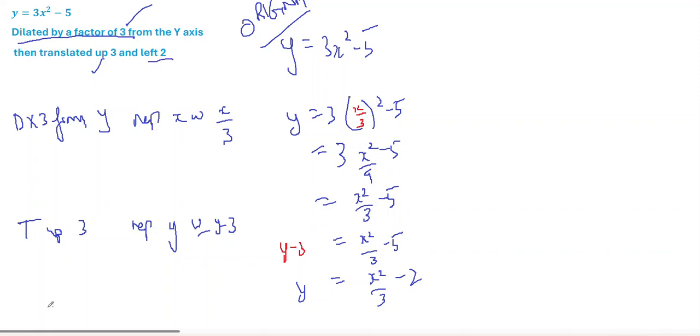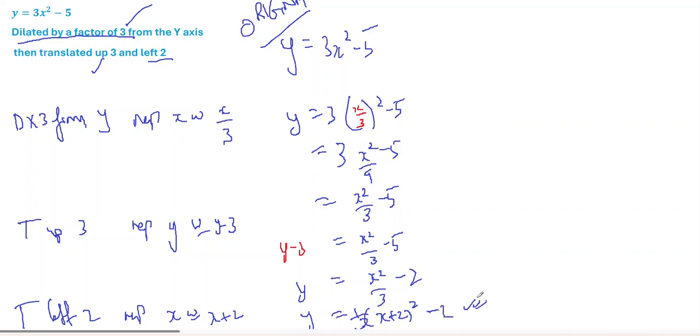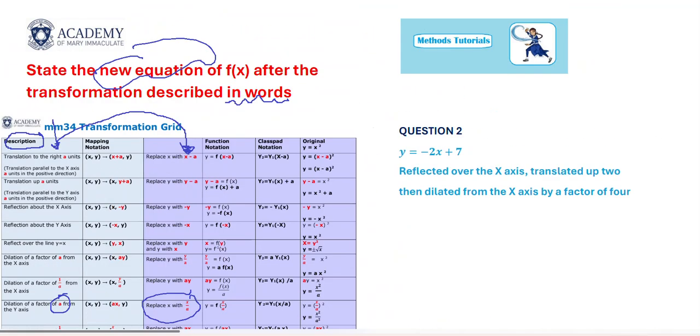And then we go left. Translate left, replace x with x plus 2, therefore y equals x plus 2 squared. I might put a third out the front, minus 2, and that's my final answer.